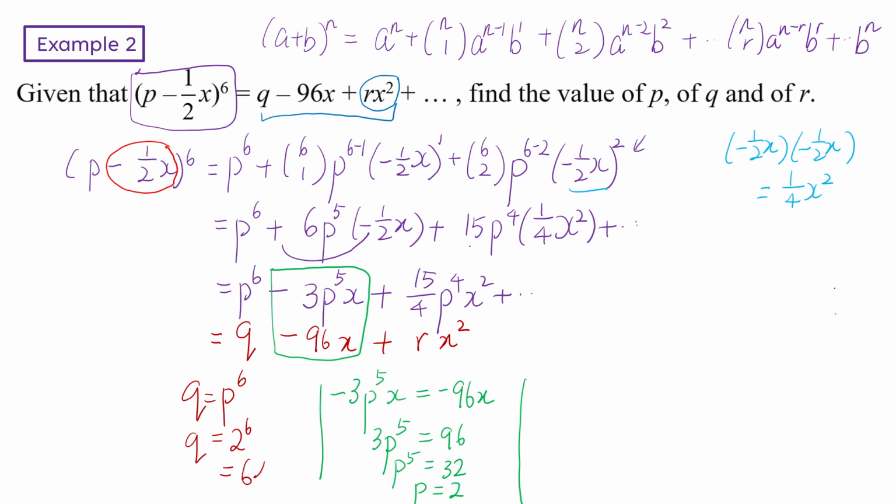And of course, let's go on to find the last term, r x squared equals 15 over 4 p to the power of 4 x squared, divided by x squared throughout. r will just be 15 over 4 times 2 to the power of 4, and that gives you 60. And that's how we do example 2.